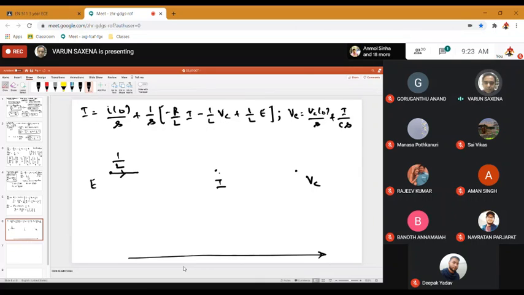So you can see that when I gets multiplied by minus R by L, it is fed back into the system again.